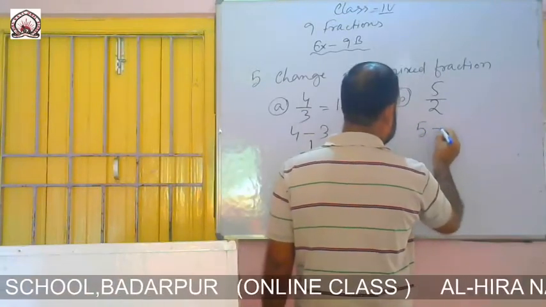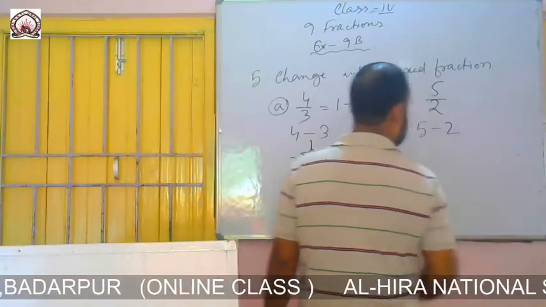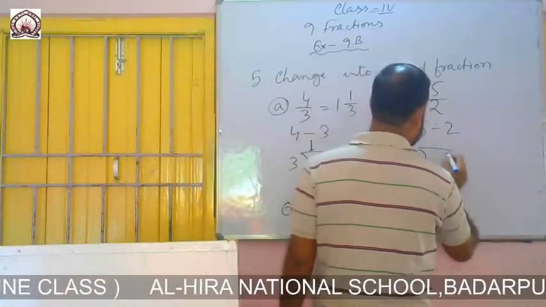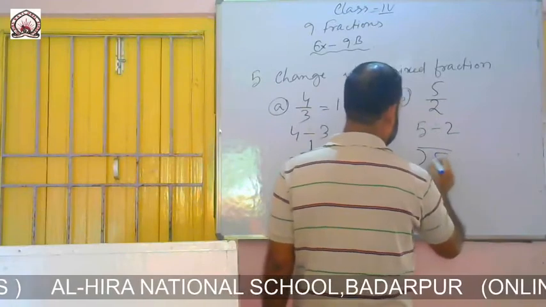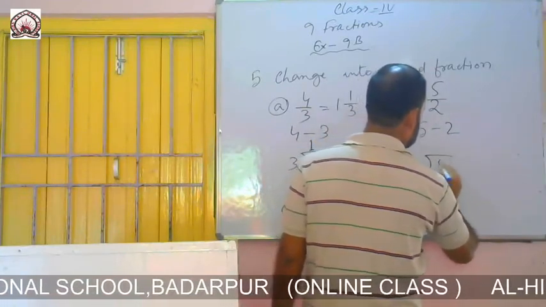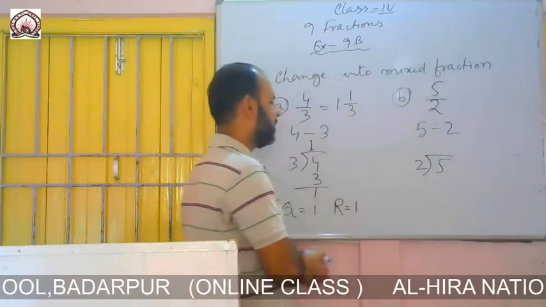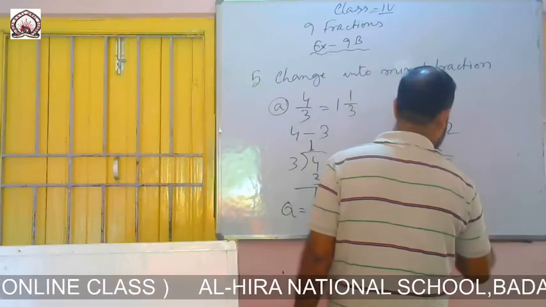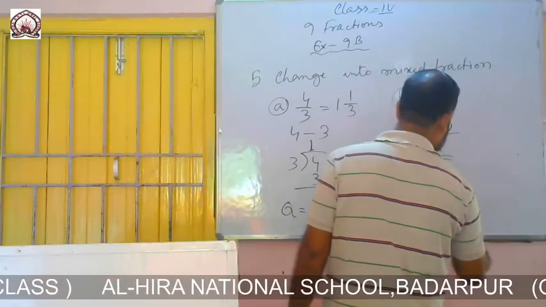We divide 5 by 2. 2 2s are 4, remainder is 1.